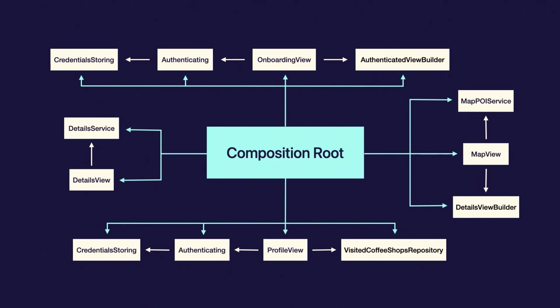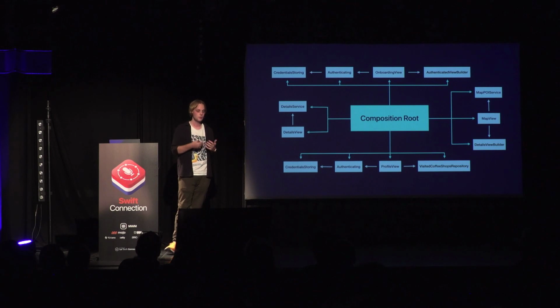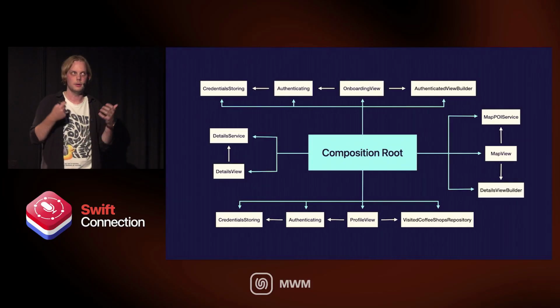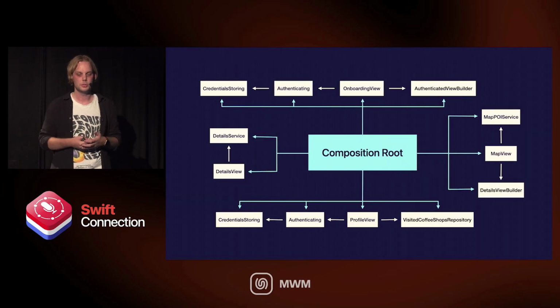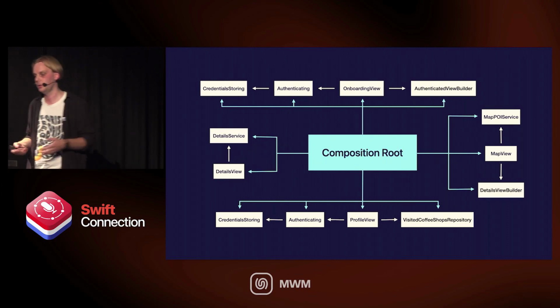And what that means is that our composition root depends on everything in our app. It's allowed to depend on all the Swift packages, all the targets, and so on. But it's the only place in our app that's allowed to depend on everything. Because the entire responsibility of the composition root is to compose everything together.